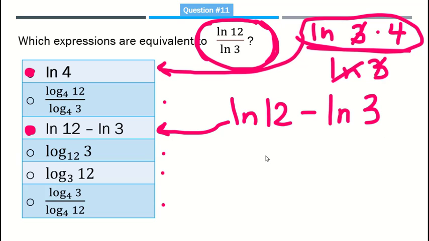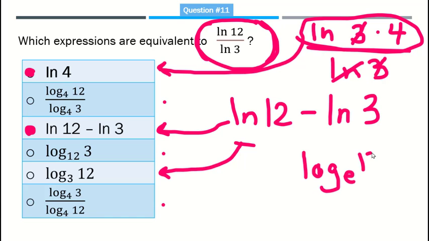Now the third expression that's equivalent is going to be, let me look here for a second, log base 3, 12. And again, that takes some time to pull this apart and talk about what a natural log is. We can write this as log base e of 12. This is just a shorter way to write it.